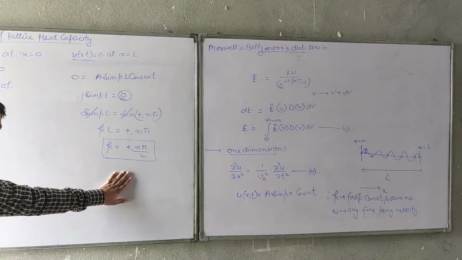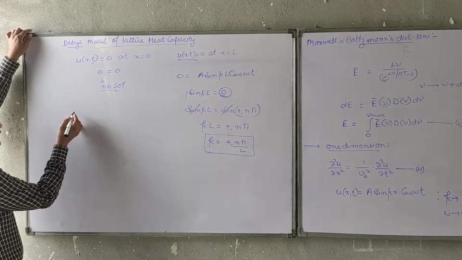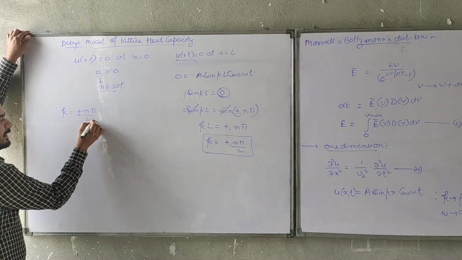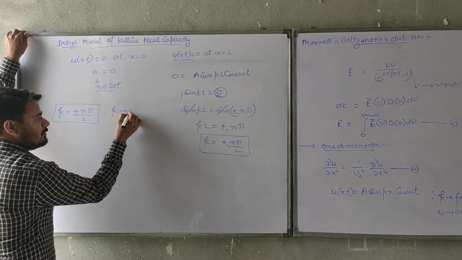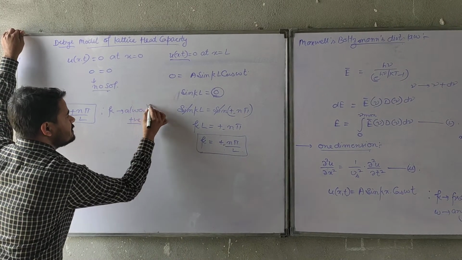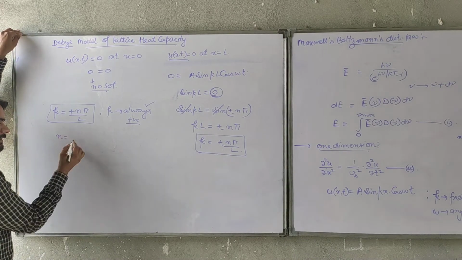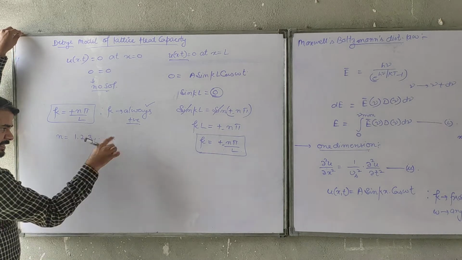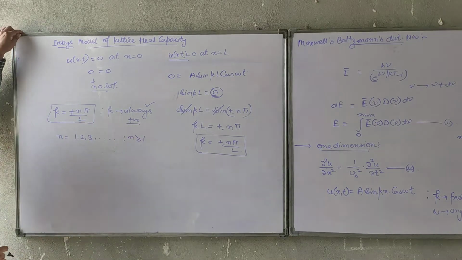That's why we neglect the negative sign and take the positive value, that is k equals n pi by L. It implies k is always positive, where n takes the integral values 1, 2, 3 and so on. That means n is greater than or equal to 1.